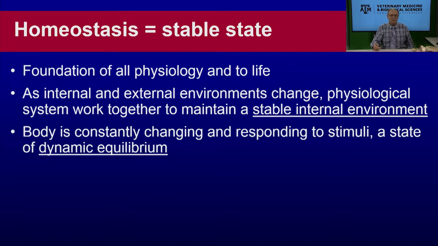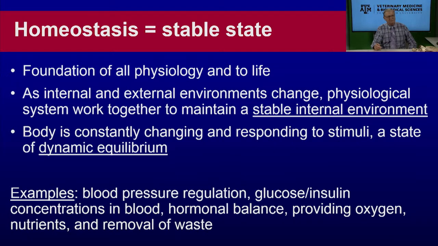The body is always changing to adjust to stimuli. It's a dynamic equilibrium between what you're exposed to, either internal or external, and the condition that you want to maintain that will be compatible with the life of cells. For example, blood pressure.